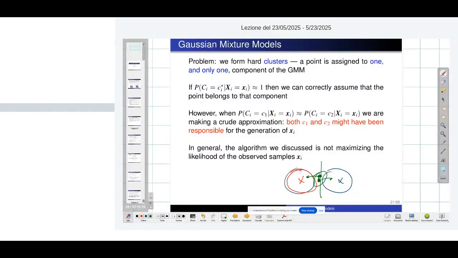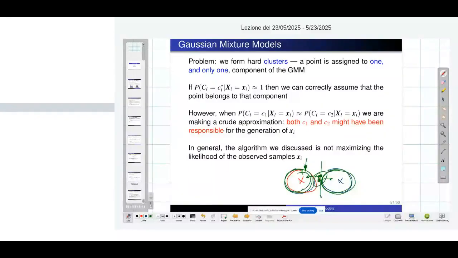So what is the correct cluster that generated it? Remember how I generate samples. When I generate the samples, I randomly select the cluster, and then I generate a sample from the corresponding Gaussian. So the probability that I generated it from the red cluster and the probability that I generated it from the blue cluster, these are exactly the posterior cluster probabilities, and they are similar.